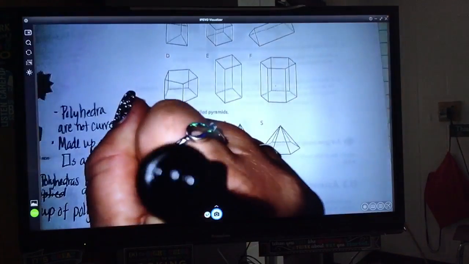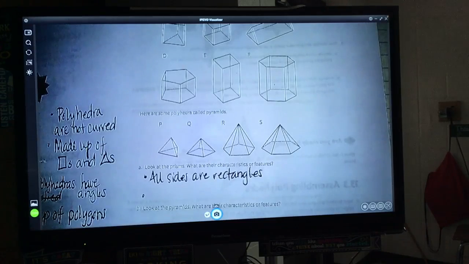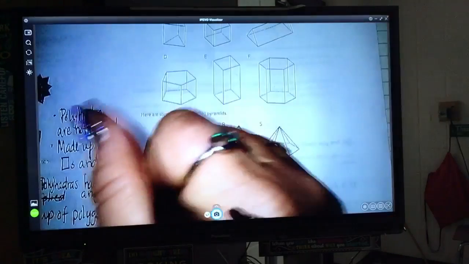So what else did we just learn about their bases? There are always different bases. They're all prisms, right? But how do we know if it's a triangular prism, a rectangular prism, a hexagonal prism? Jackson?